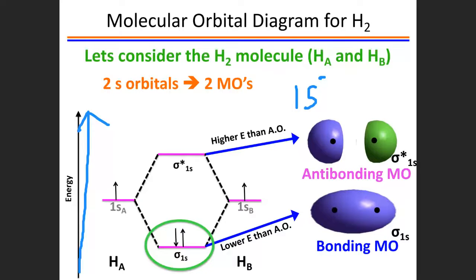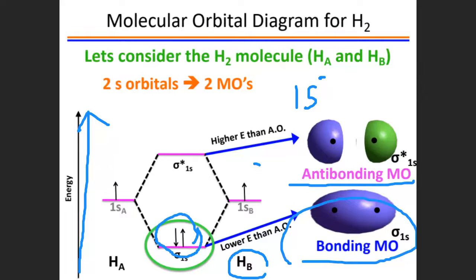So for the two hydrogen atoms, the electrons will be paired like that, and this is the lower energy state. And here is the higher energy state. If you look here, the lower energy state forms a bond, but not the higher energy state.